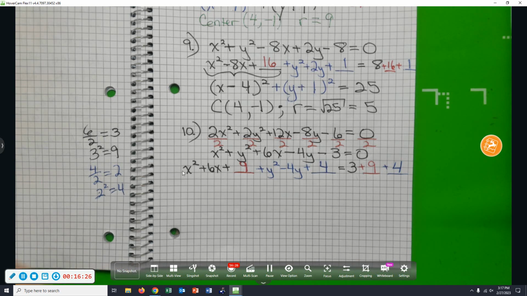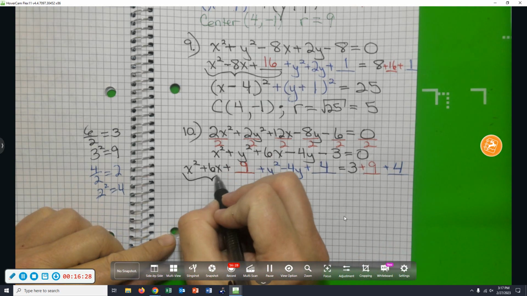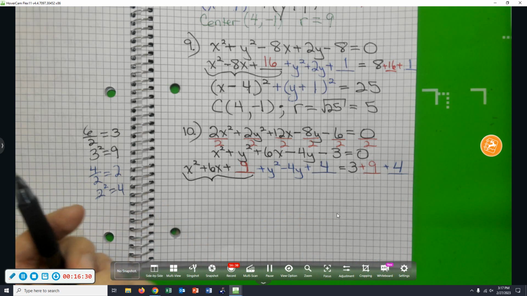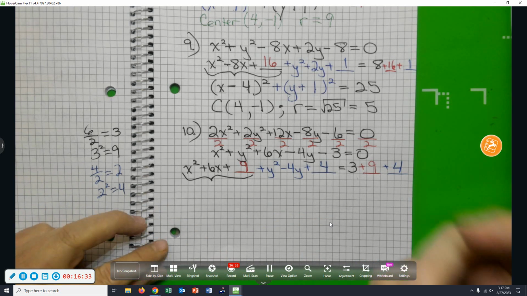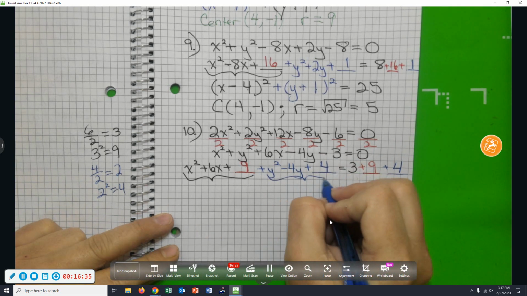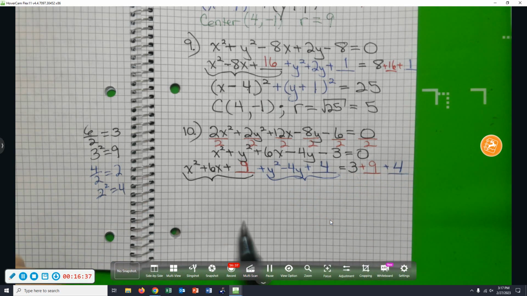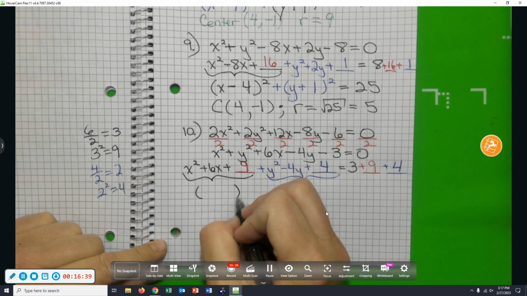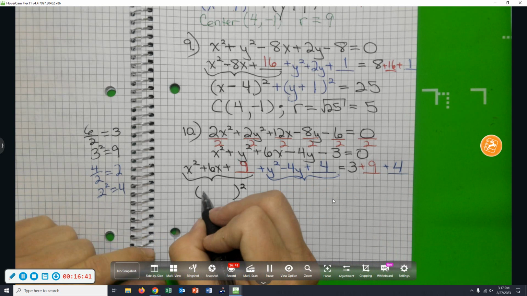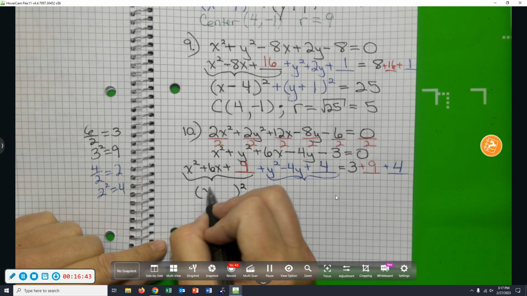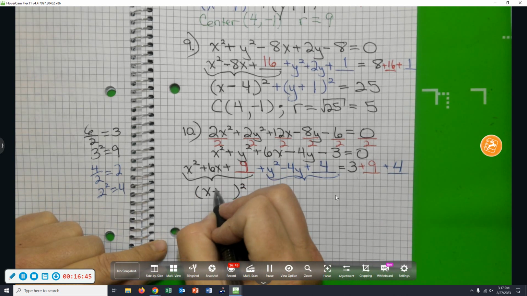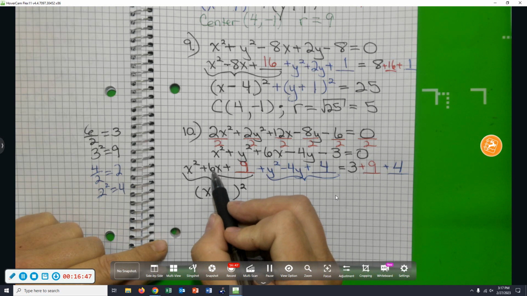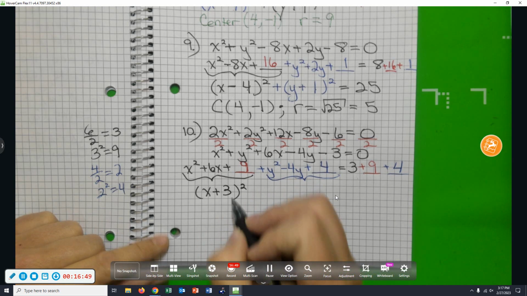Now we can factor. We're going to get this into center radius form. Let's factor the x terms first. Variable, the sign is that first sign there, so plus, and half of 6 is 3.